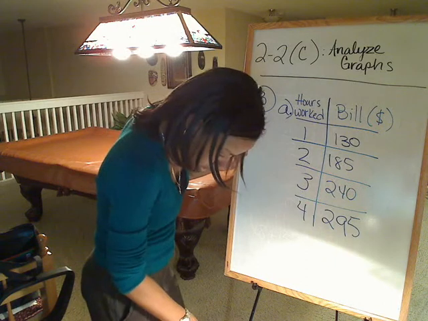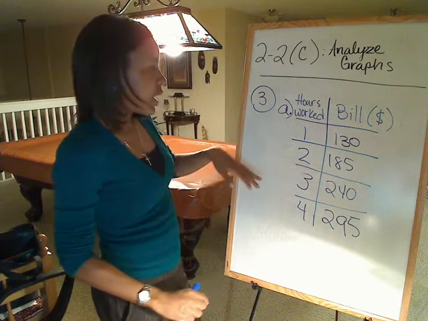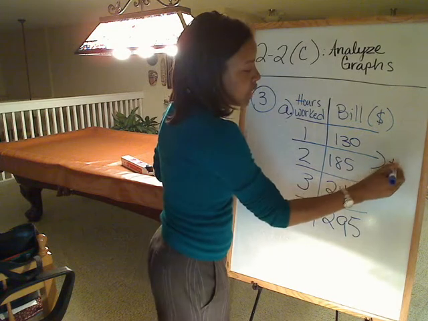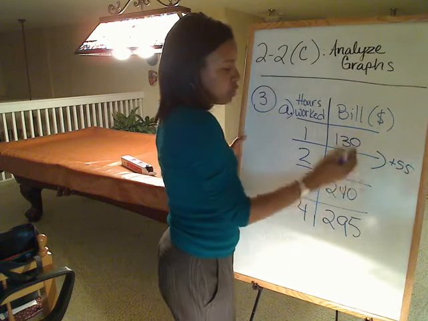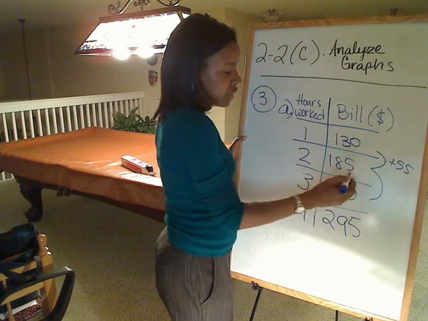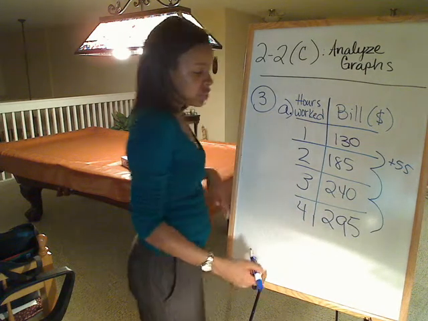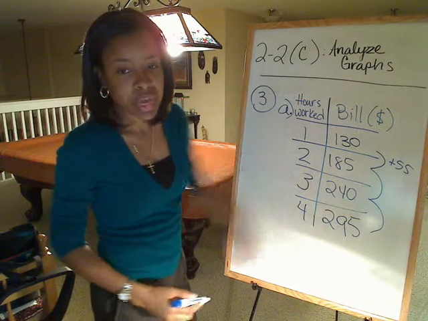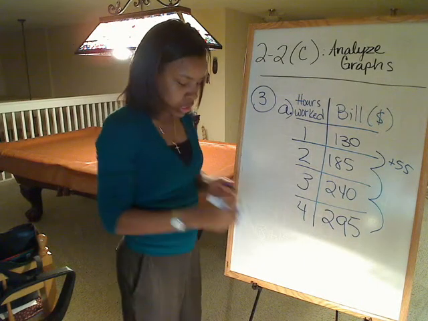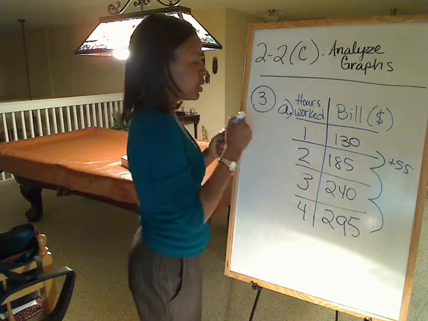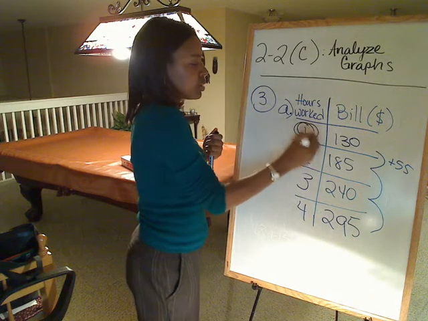Okay, so second part, B, says to write the expression. And if we look at this, there's a pattern here. Each time they're adding 55. 130 plus 55 is 185, plus 55 is 240, plus 55 is 295. So that's the pattern, add 55. So the expression is going to be, starting point is where the 1 is.